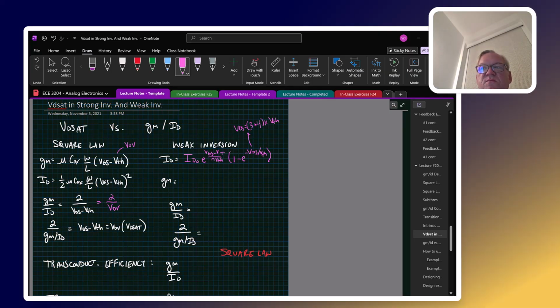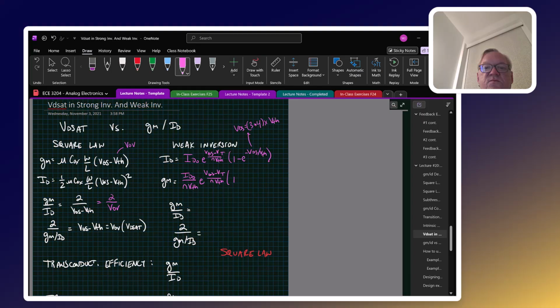We can find the GM by taking the derivative with respect to VGS, and this would be ID0 over N times VT times E to the VGS minus VT over N times VT, quantity times 1 minus E to the minus VDS over VT.